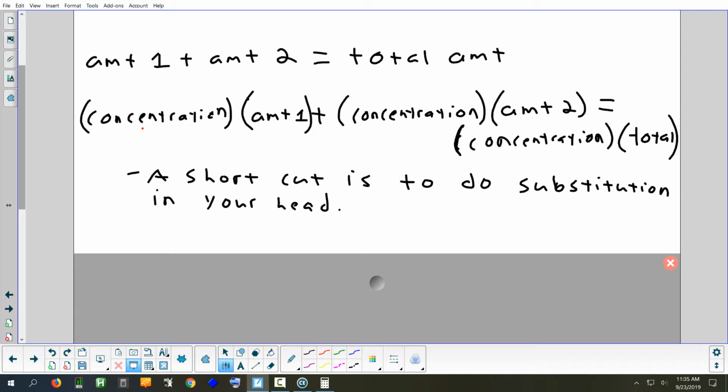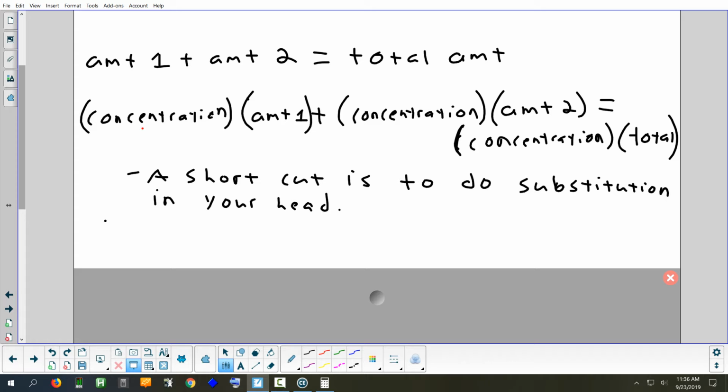Now, if you don't want to set up 2 equations, you can kind of do substitution in your head. So like, if you said to me, all right, you want to mix 2 solutions together and get 20 liters. Well, if I had a total of 20 liters, that was my total, and then solution 1, I used X liters.